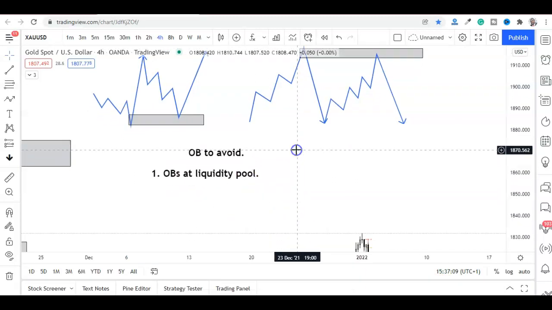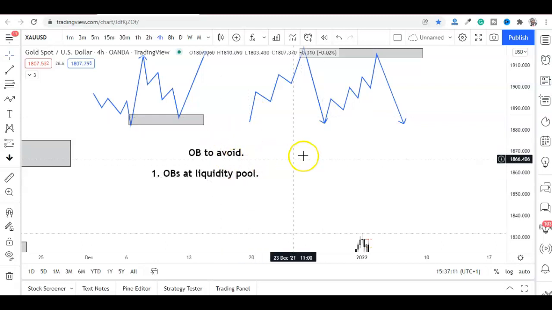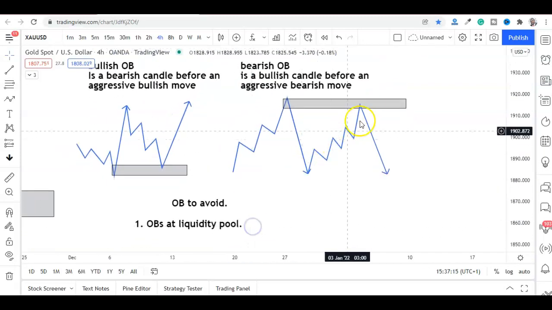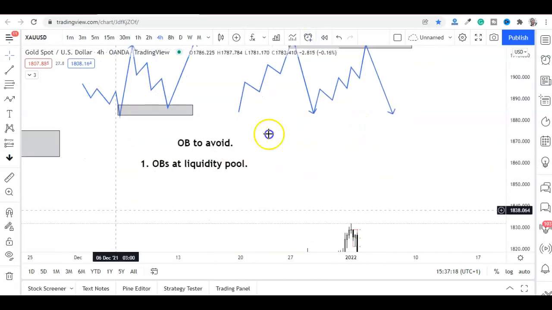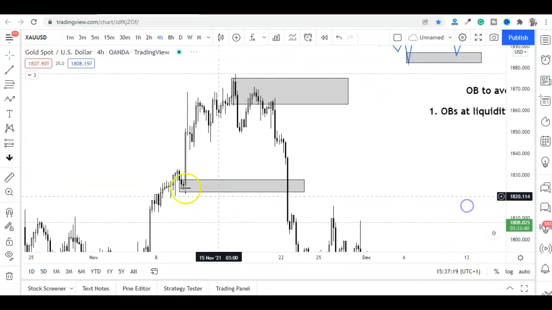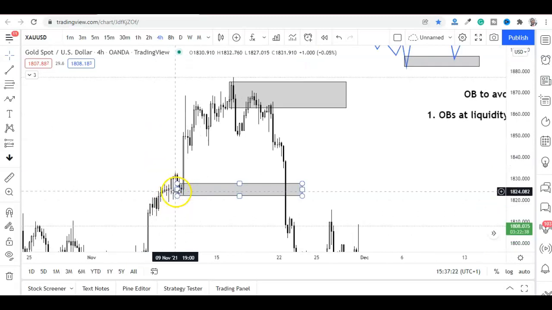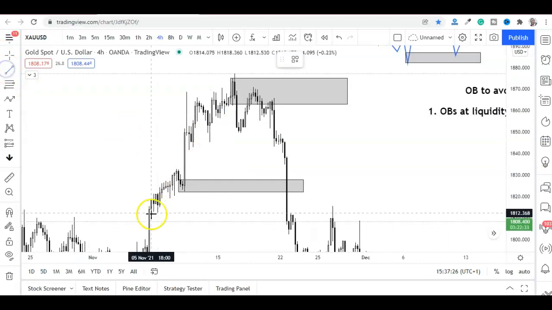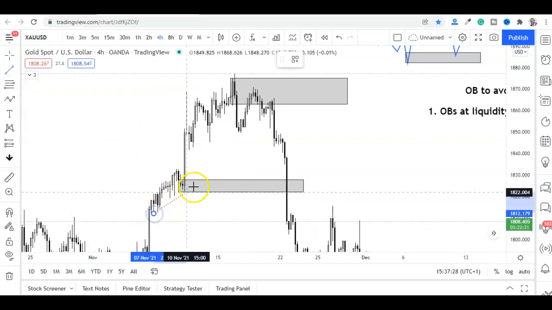What does it mean? When you identify an order block around a liquidity pool, this is what I mean by liquidity pool. If we go back to this example here, this OB that was not respected, you can see below it a trend line liquidity.